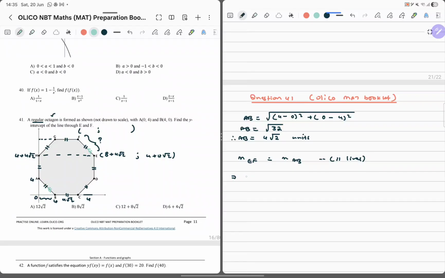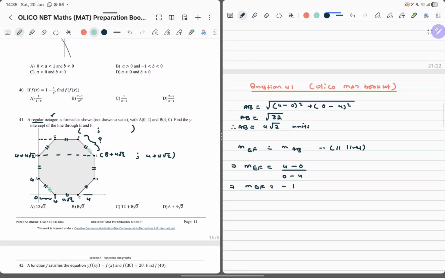Now this implies that the gradient of EF is equal to, now let's check, this is going to be 4 minus 0 divided by 0 minus 4. So we know this means the gradient of EF is equal to minus 1. That's all right.